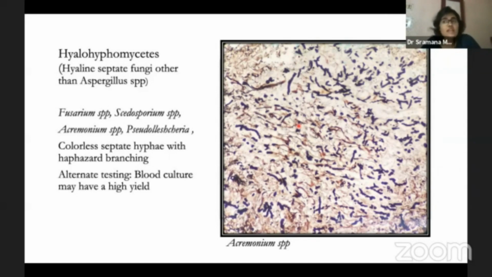So in that case, you would not really be able to say whether it's Aspergillus species or Fusarium species or Scedosporium. So an alternate test can be done, because Fusarium can give a high yield on blood culture, but Aspergillus will not. So this was a case which in the lab was diagnosed as Acremonium species.